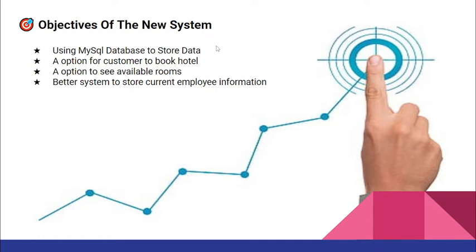Using a MySQL database, we can store this data easily. In the new system, there should be an option for customers to book a hotel from their own device. There should also be an option for customers and managers to see the available rooms.